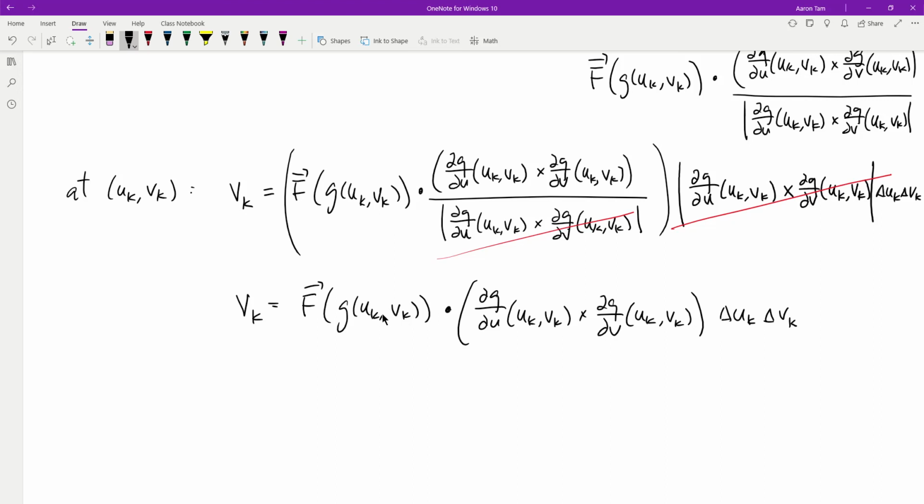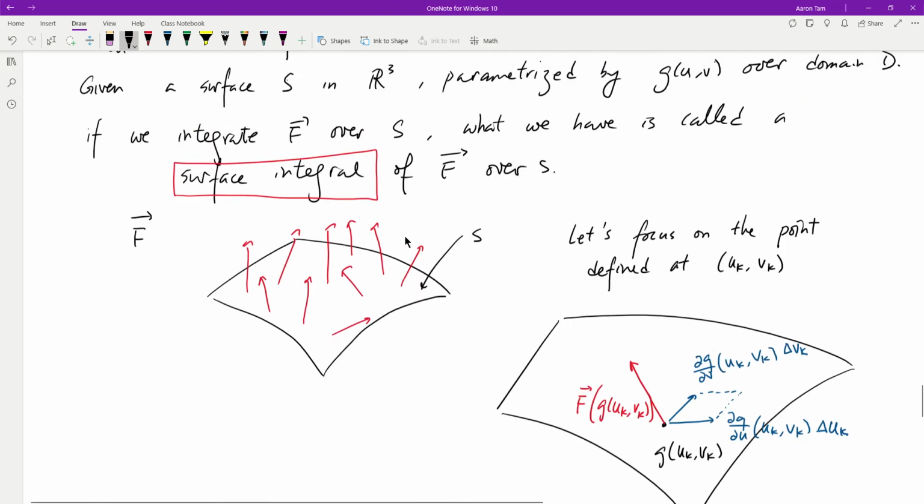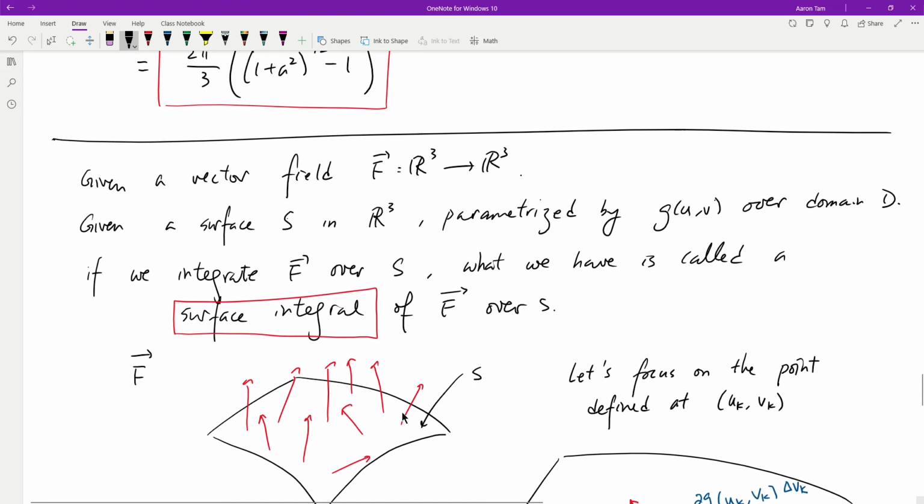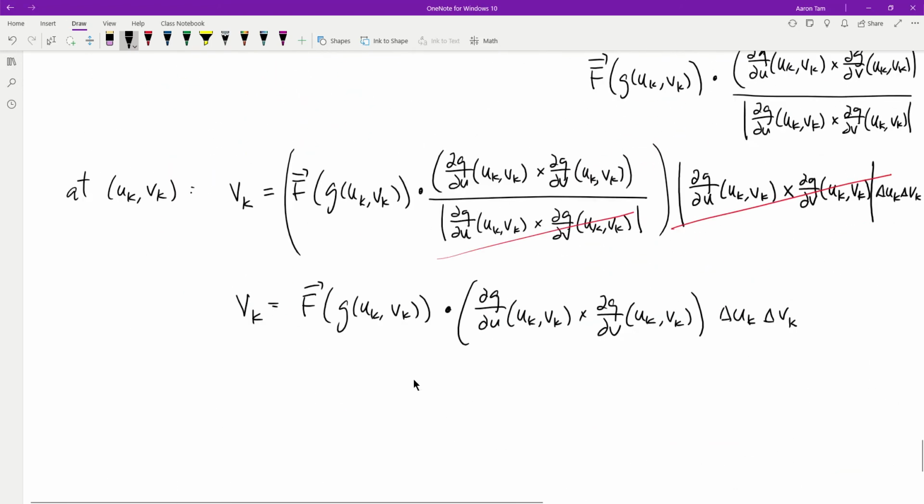So now what are we going to do? To find the total impact of this integral over the entire surface S, we are going to do a whole bunch of these at different points u sub k, v sub k.